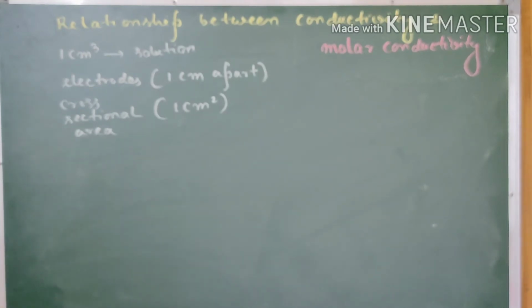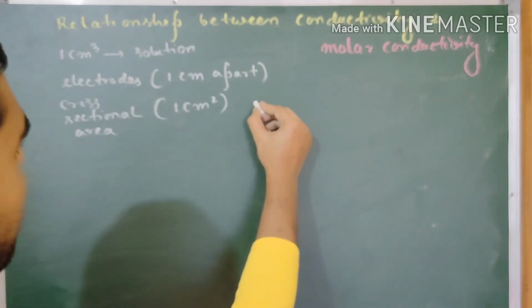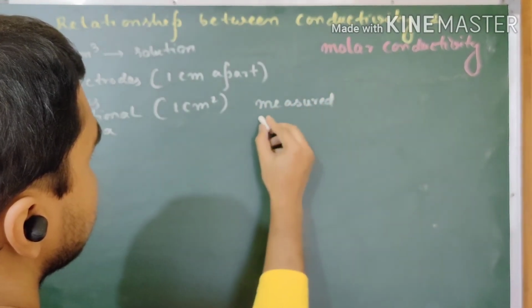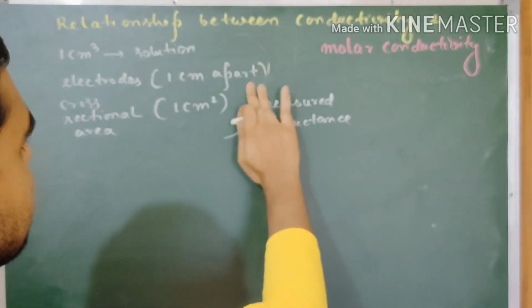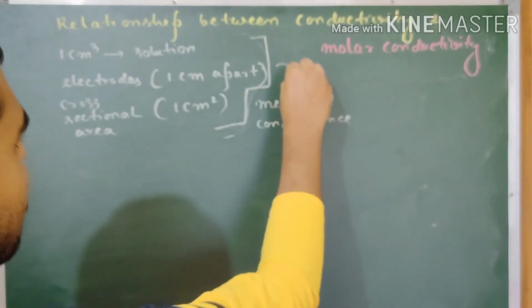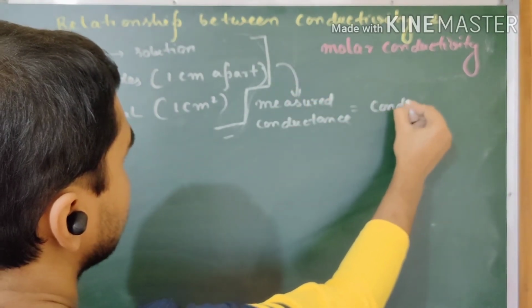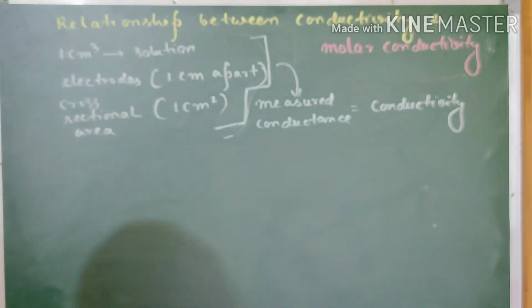Carefully see, once again: if the solution is placed between the electrodes having 1 square centimeter area of cross section lying 1 centimeter apart, the measured conductance of the solution will be its conductivity, because by definition it gives the conductance of 1 centimeter cube of solution.